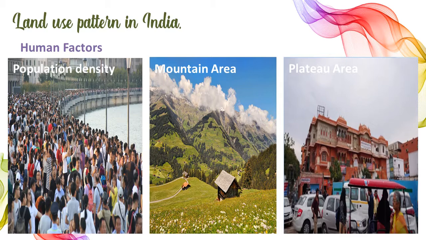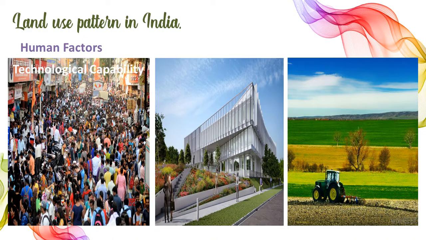In mountain regions, the density of population is very low. In plains, the density of population is very high. And in the plateaus, you will have a moderate population. Here you can see the density of population on plains, mountains and plateau regions.